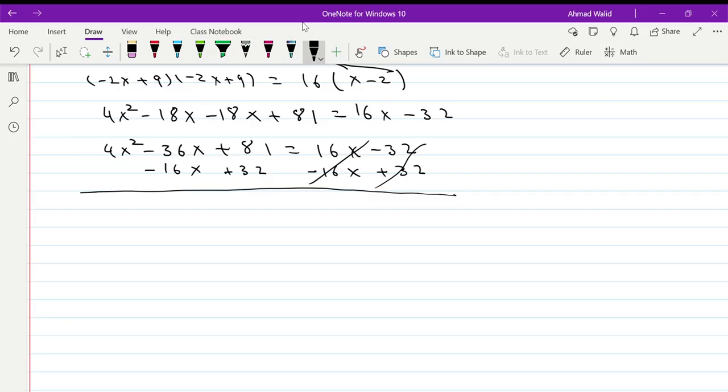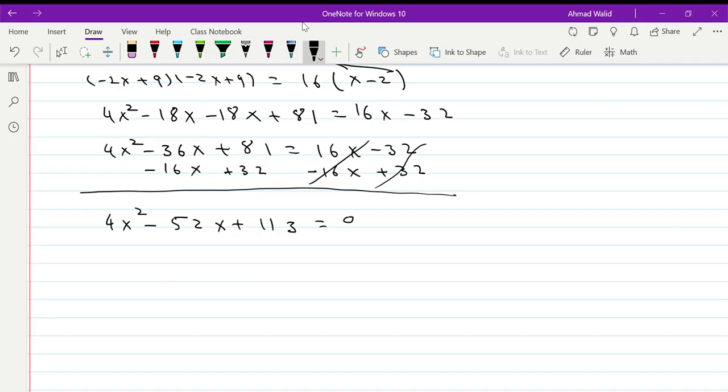Numbers are so big. 4x squared minus 52x, right? Plus 81 plus 32 gives you 113, equal to 0.